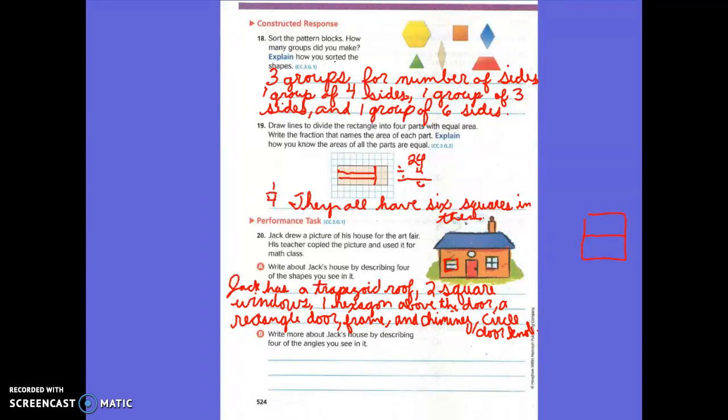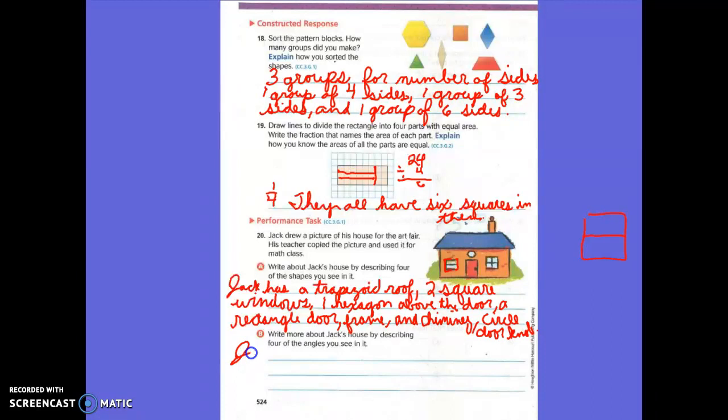Now part B. Listen. Write more about Jack's house by describing 4 of the angles you see in it. I see some writing. Okay, but where? You gotta tell me.